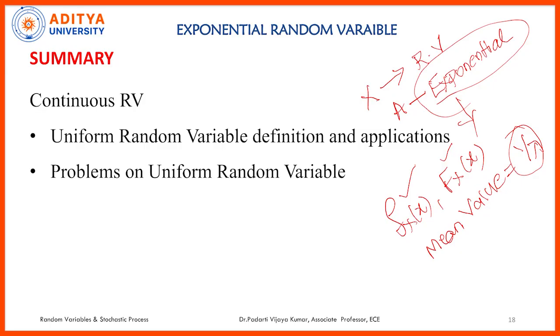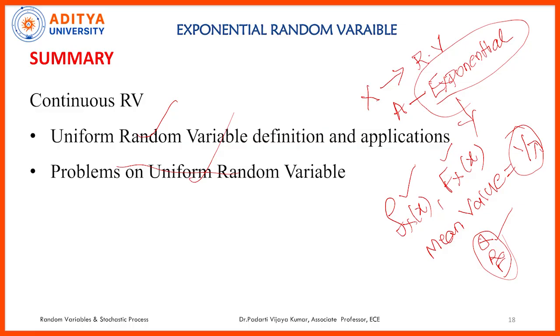Many real-time examples will be there with respect to the exponential random variable. We have seen different examples, like queuing, reliability, and failure rate. We have seen three different varieties of problems related to the applications of the exponential random variable. Here we defined the exponential random variable and saw problems related to it.